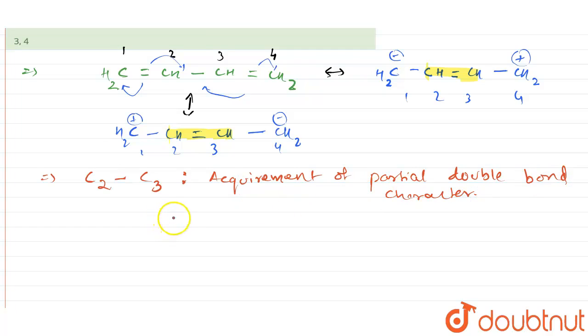And this double bond character can be written like this. So this is my carbon number 2 and this is my carbon number 3.